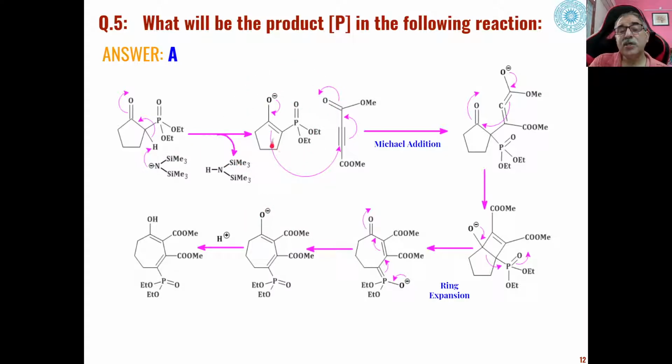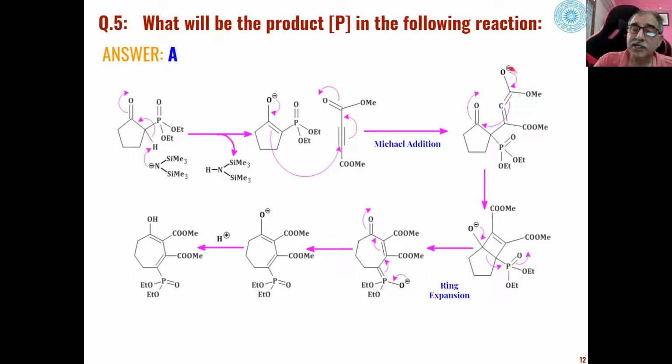And this enolate then undergoes Michael addition to dimethyl acetylene dicarboxylate to give us these types of allene enolates.